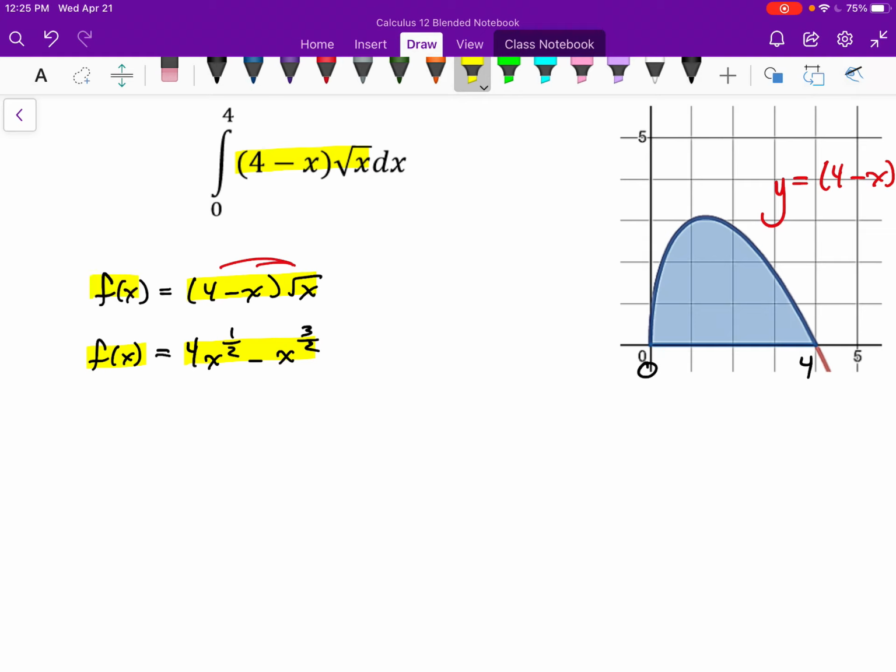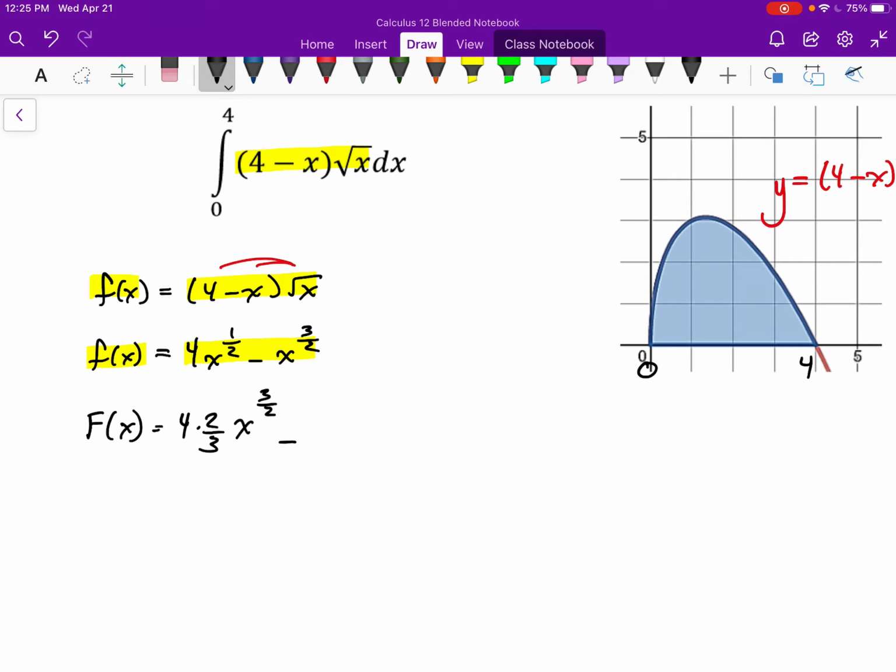And so now I want to find the antiderivative. The usual notation is capital F of x. And I can just use my power rule backwards. Oh, sorry, that's wrong. Take that back. I have 4 times the reciprocal of 1/2 plus 1, so that's 2/3, times x to the 1/2 plus 1, so 3/2.